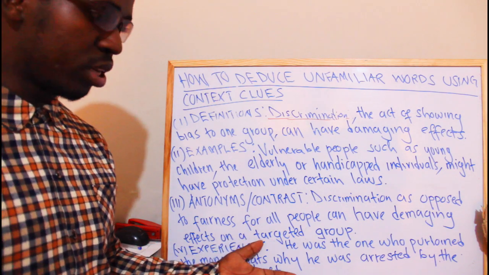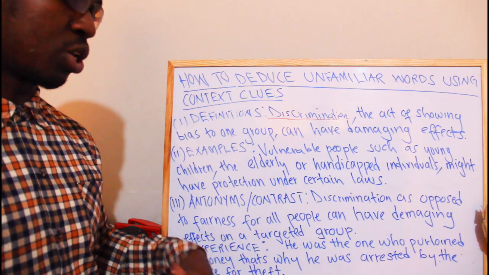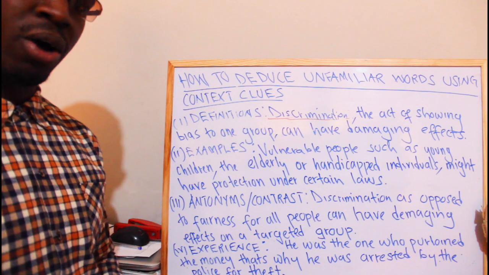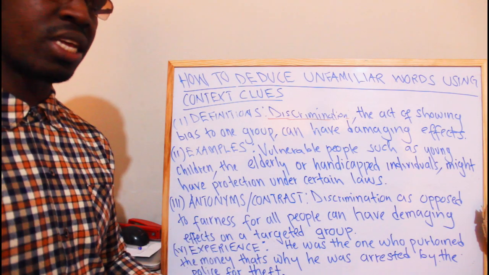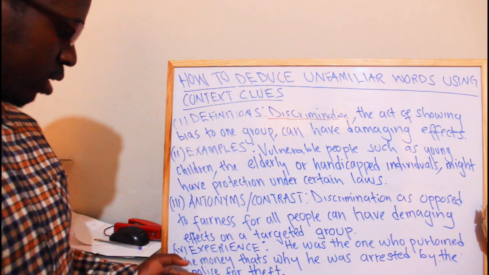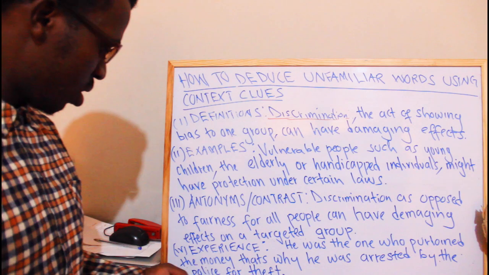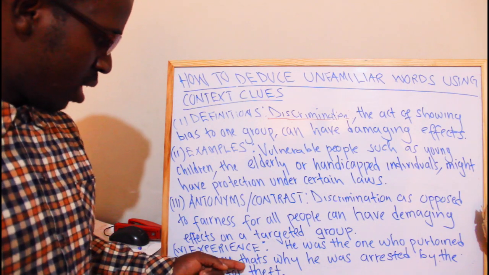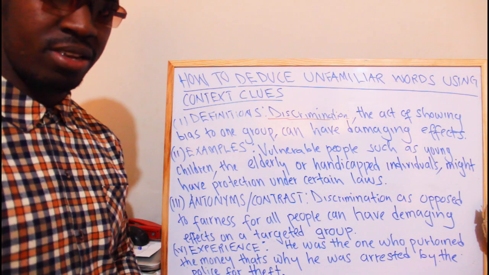That same knowledge is what we use to derive unknown words in particular situations when we come across certain grammatical structures while reading or studying any material. For example, we have: he was the one who purloined the money. That's why he was arrested by the police for theft.